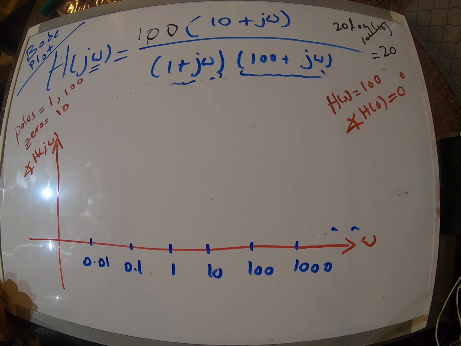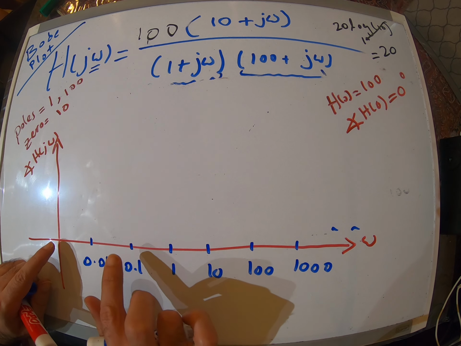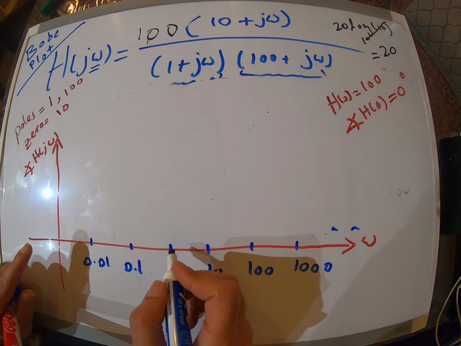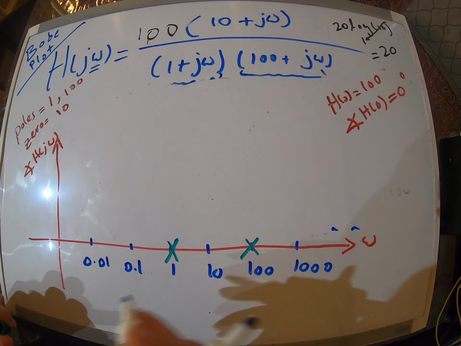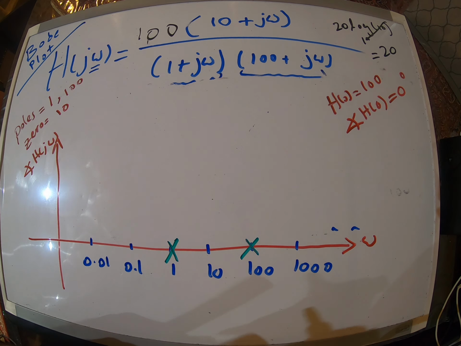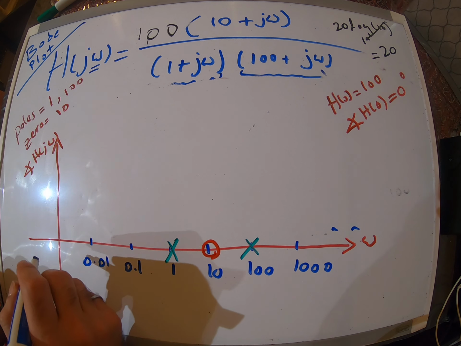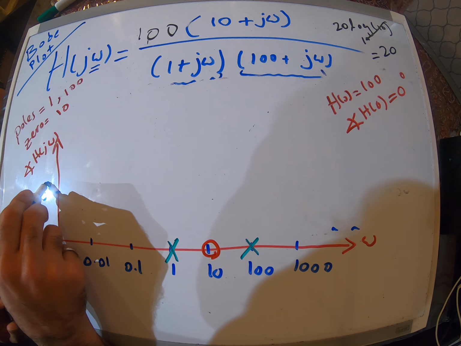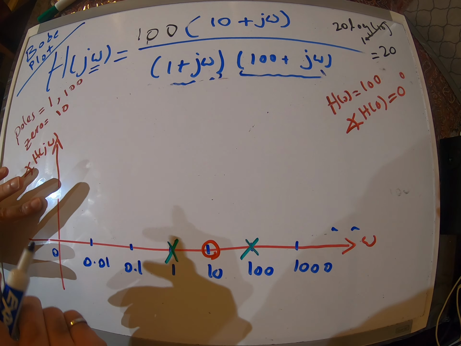Okay, because I know nothing is going to happen up to this point. Well, actually you see that something happens here, but I know that things are going to happen around the pole or 0. Okay, so we know that at omega equal to 0, our angle is 0 degrees.